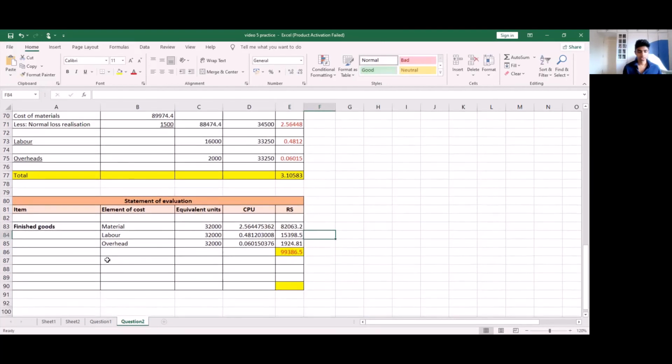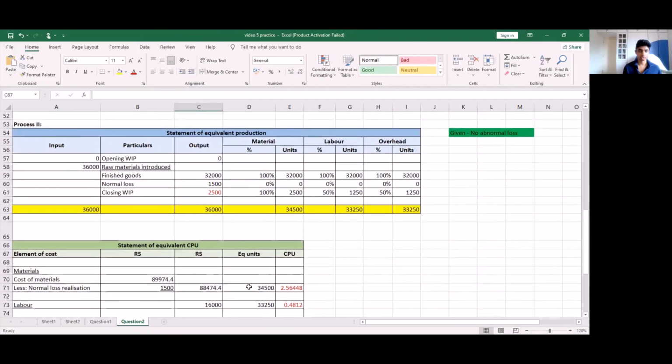With this being done, let's do our closing work in progress. We have material, labor, and overhead. Our equivalent units for closing work in progress, we again take from the statement of equivalent production of process 2. So our closing work in progress is 2,500, 1,250, and 1,250.